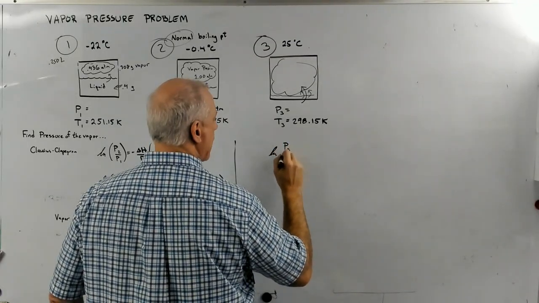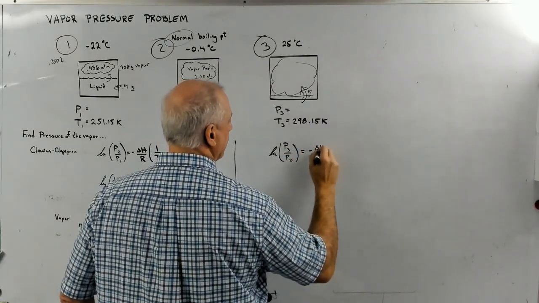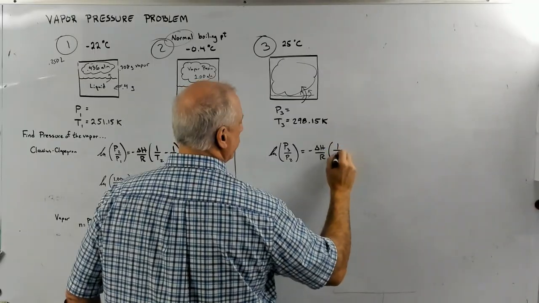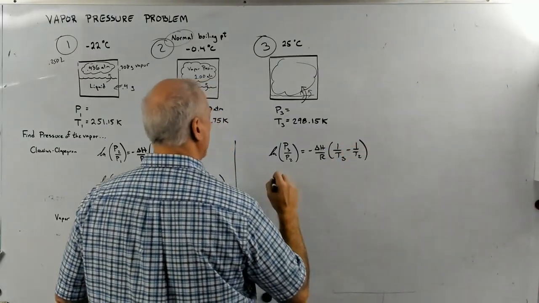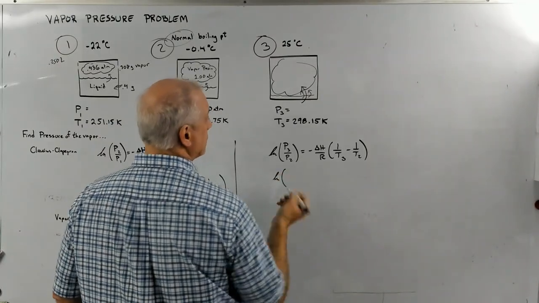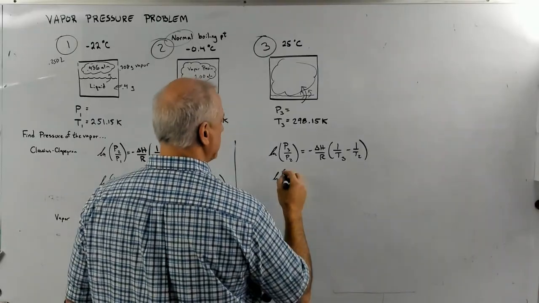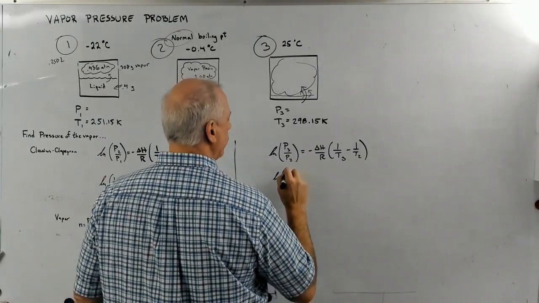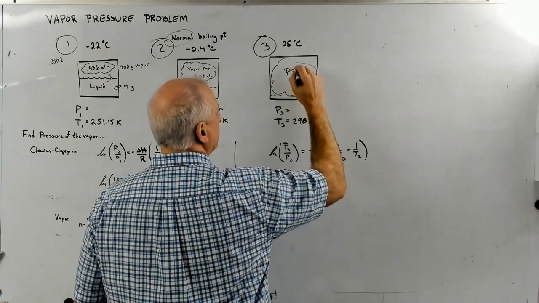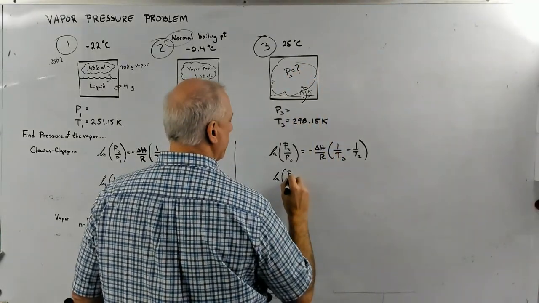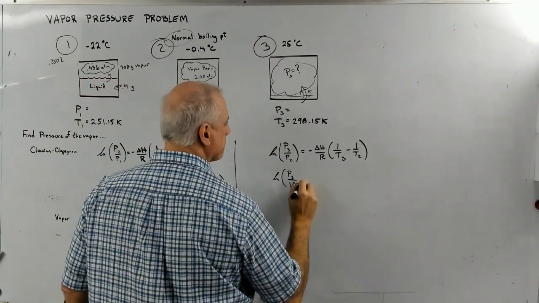We'll do natural log of P3 over P2 equals negative delta H over R, 1 over T3 minus 1 over T2. We're going to plug in, let's see how much vapor can be present. We don't know what the vapor pressure is over here. This is our P3. P2 is this one here, 1 atmosphere.